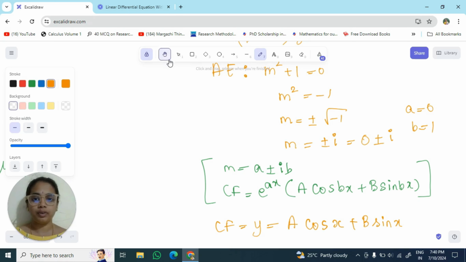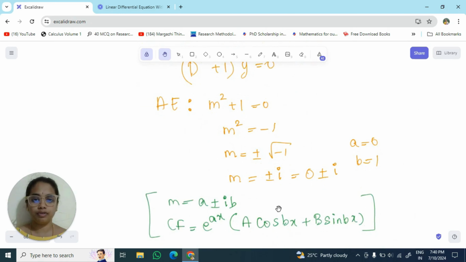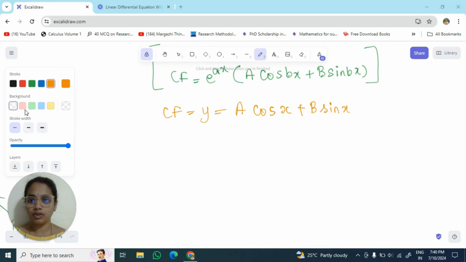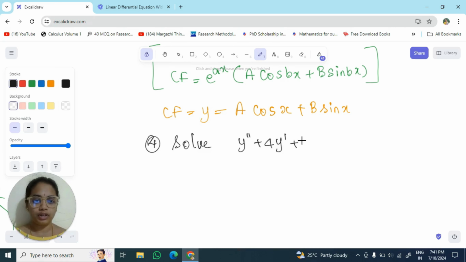Now let me take another question over here, say the fourth question, right? Fourth question, it says let us solve y double dash plus 4y dash plus 20y is equal to 0.